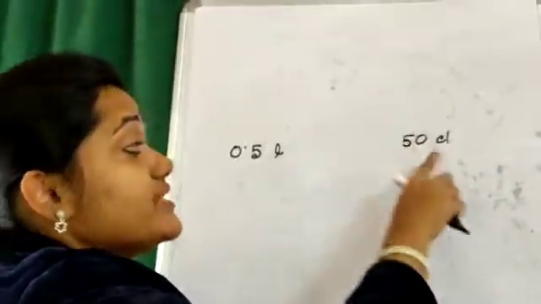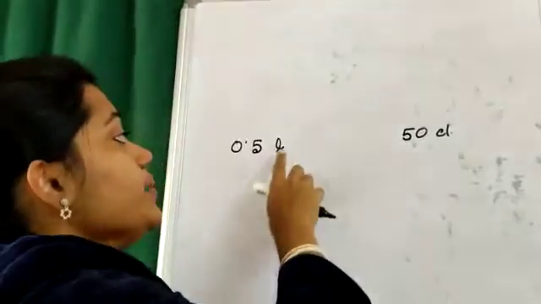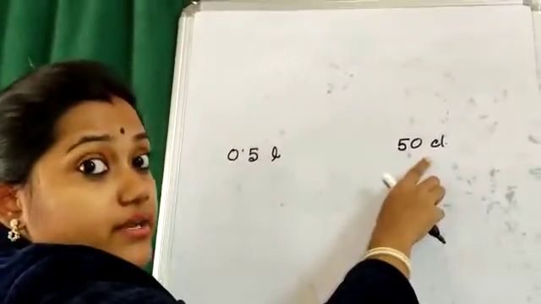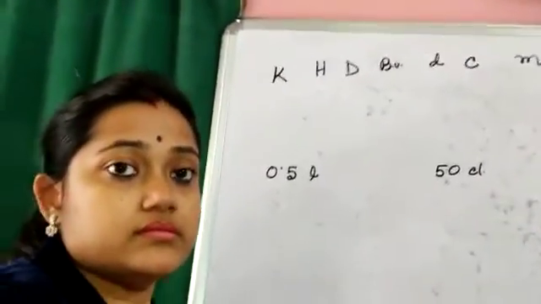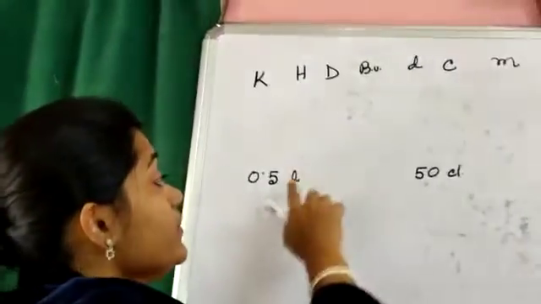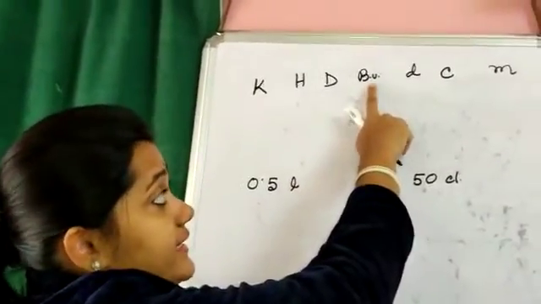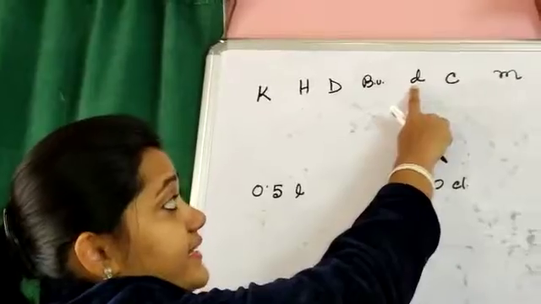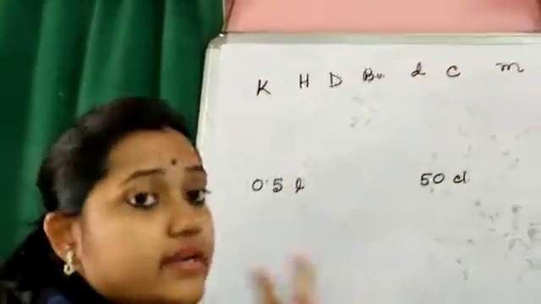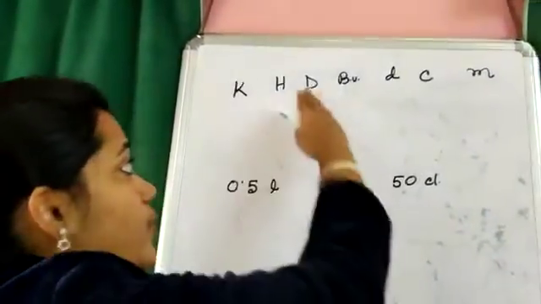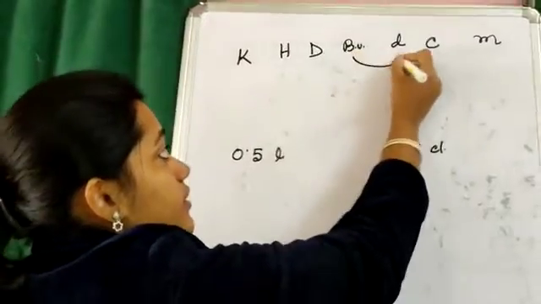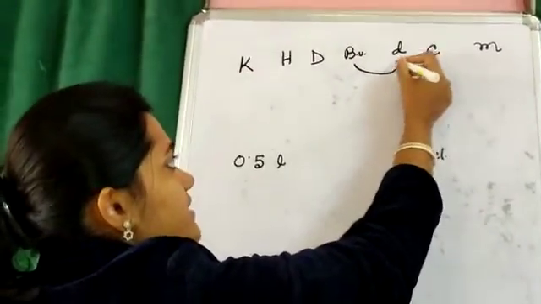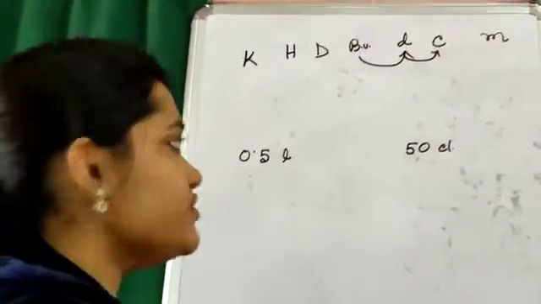So, liter to centiliter conversion means bigger unit to smaller unit. So, what do we know? Basic unit is liter, then deciliter, then centiliter. So, 2 steps where I am jumping. 1 step, 2 steps. Okay, 2 steps I am jumping.